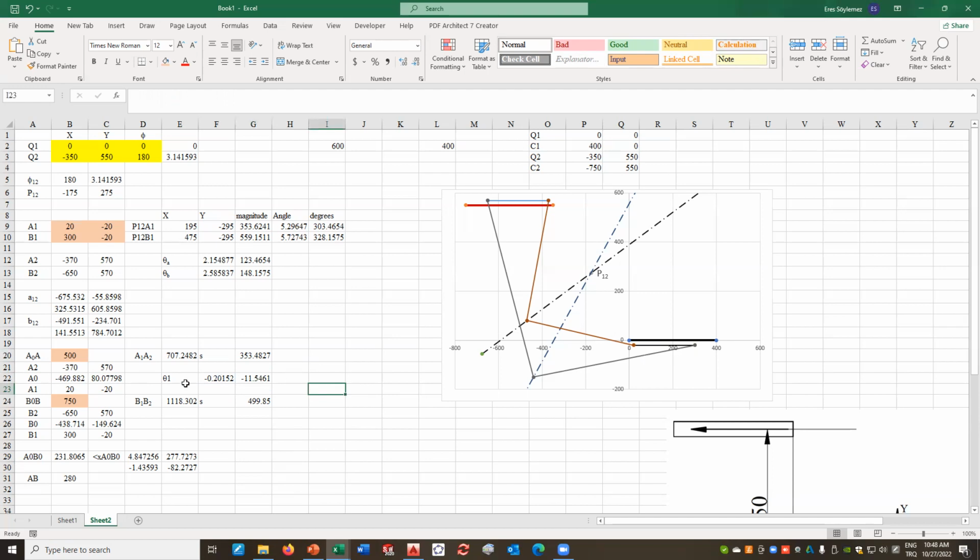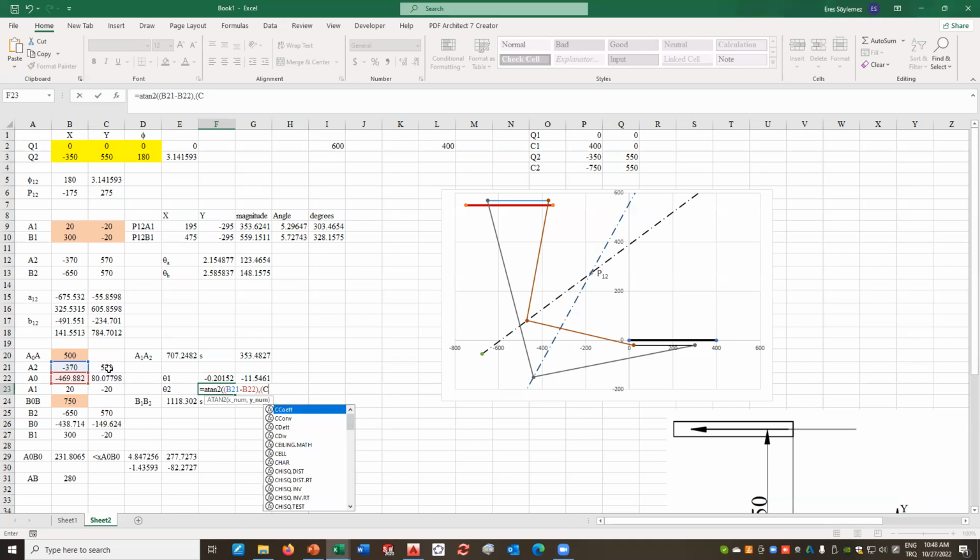And then for θ2, or sorry, ATAN2, A2 minus A0, comma, A2 minus A0 y components.